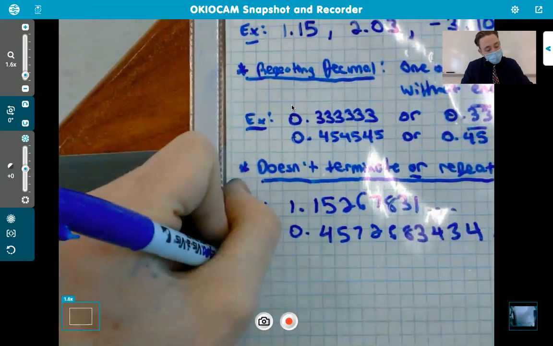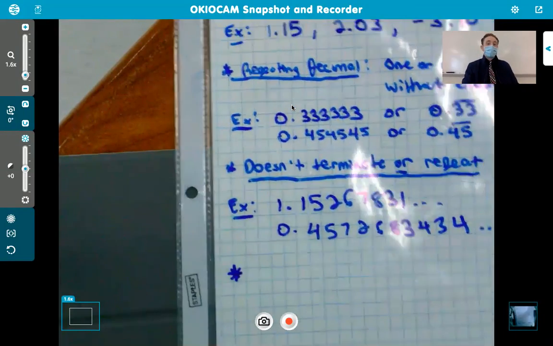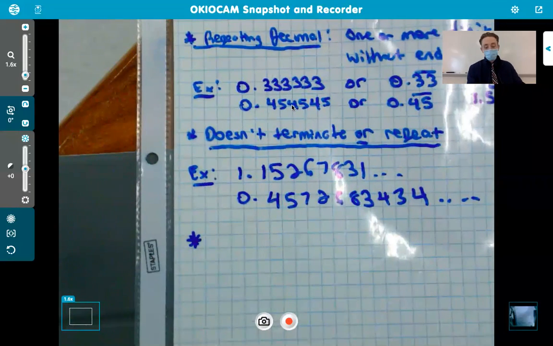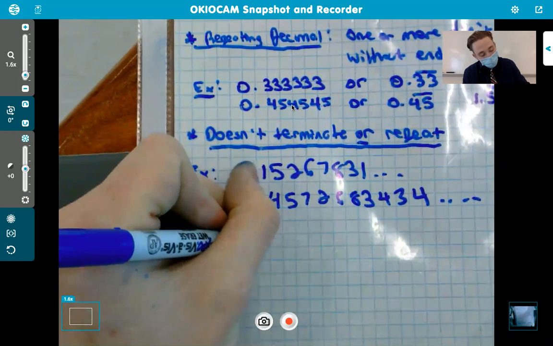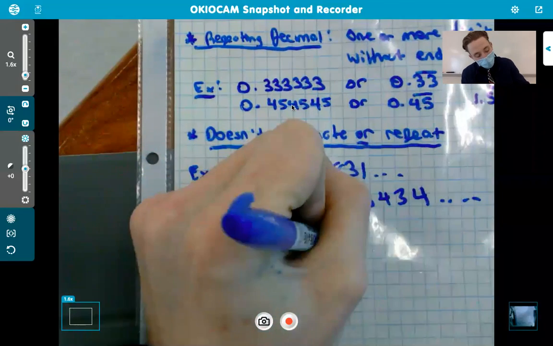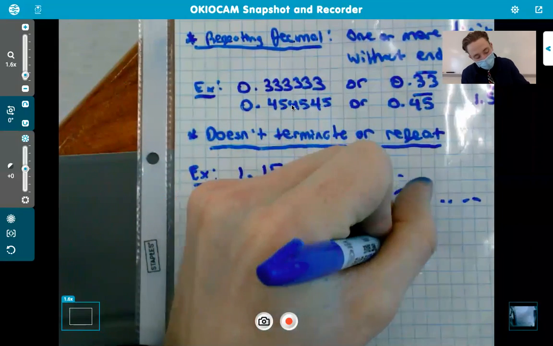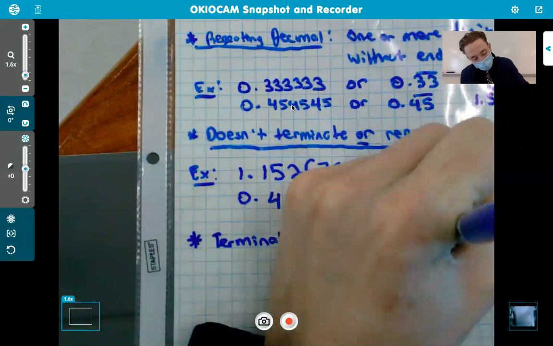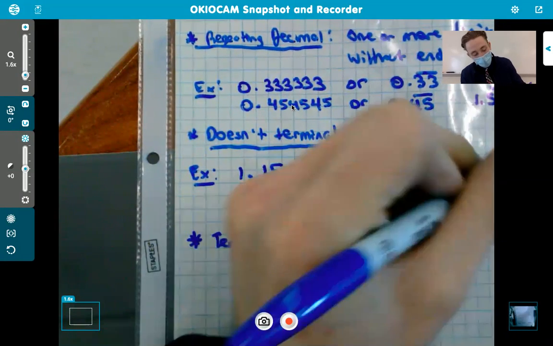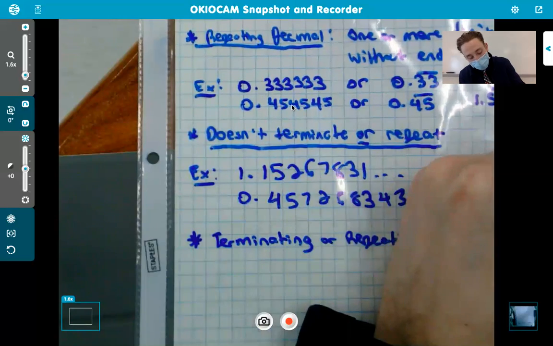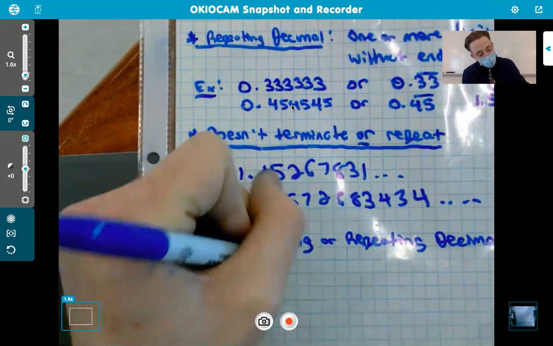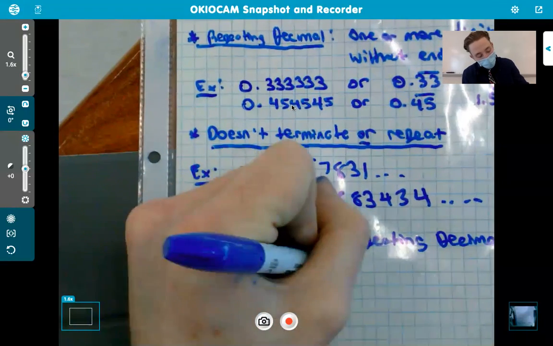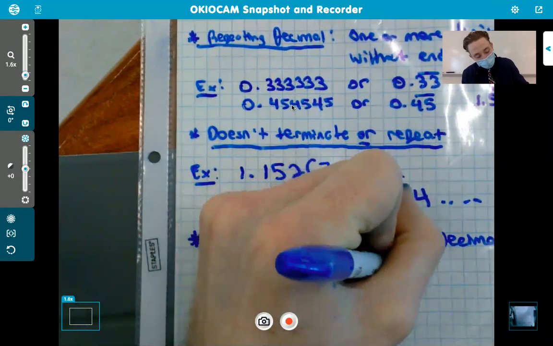Well, one note that we need to make, because it's going to help us on our assignment, it's going to help us understand the relationship here, is that if we have a terminating or repeating decimal, we can write these as fractions.